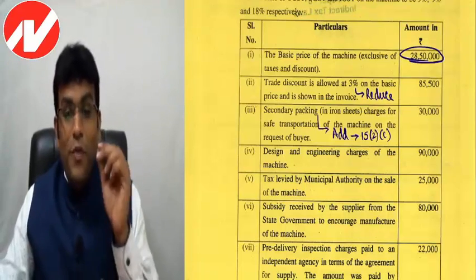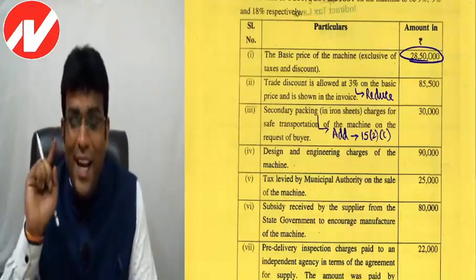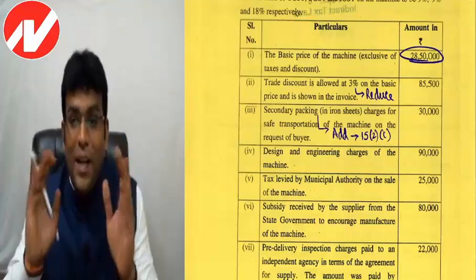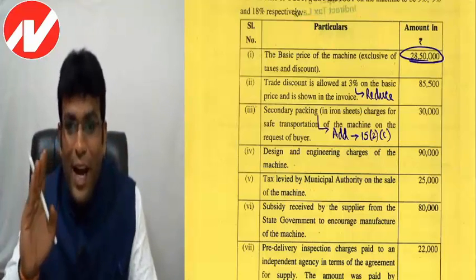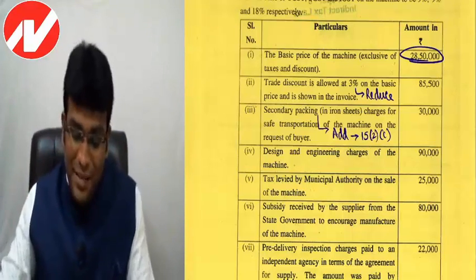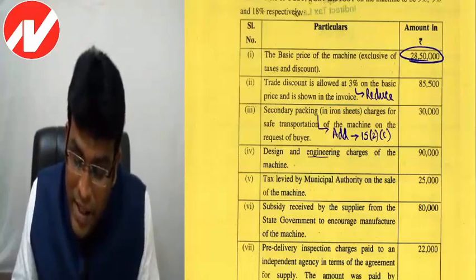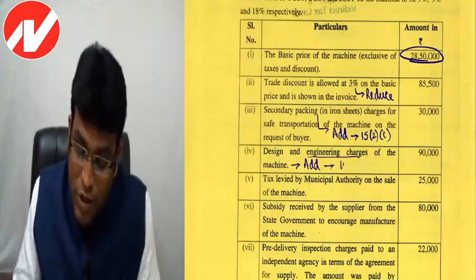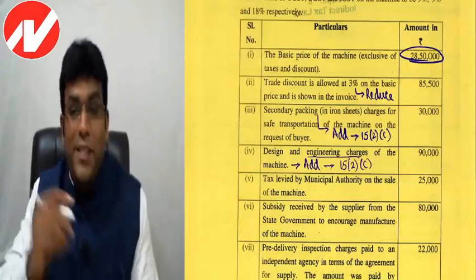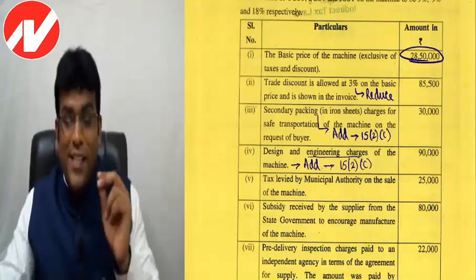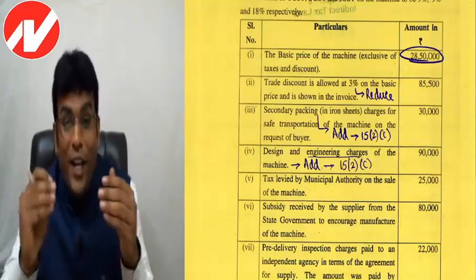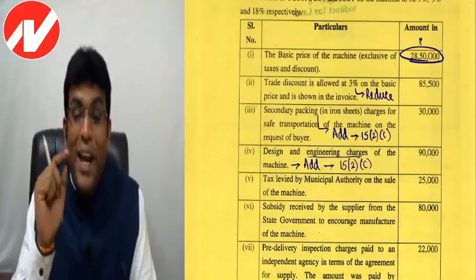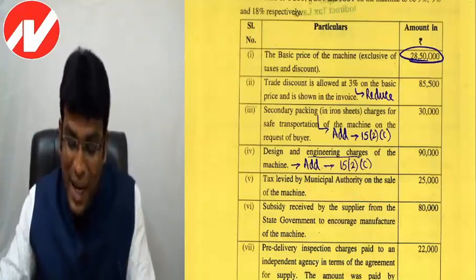So friends, 15(2)(c) clearly says that any incidental expenses or anything charged by supplier from recipient will be included in the value of supply. Then design and engineering charges, this also we will add because of the same section 15(2)(c). Next line.